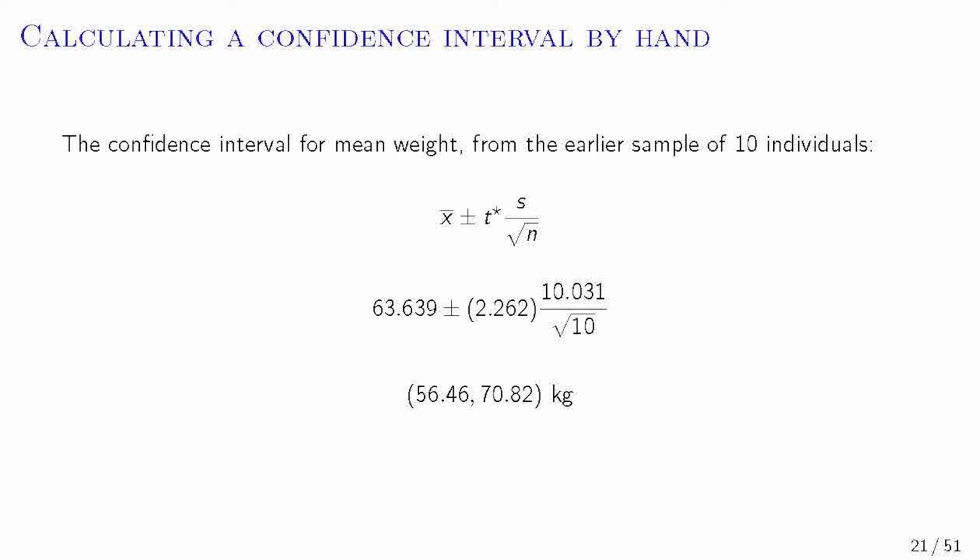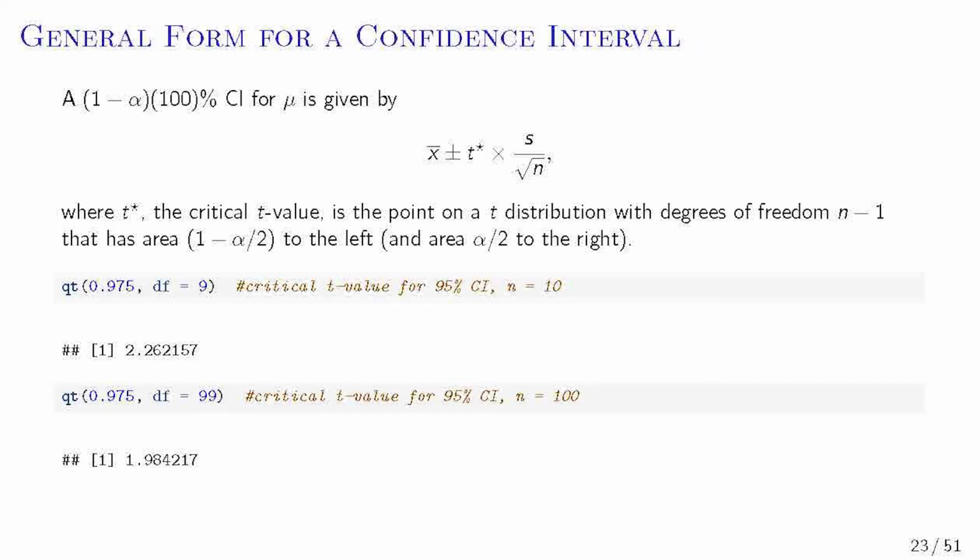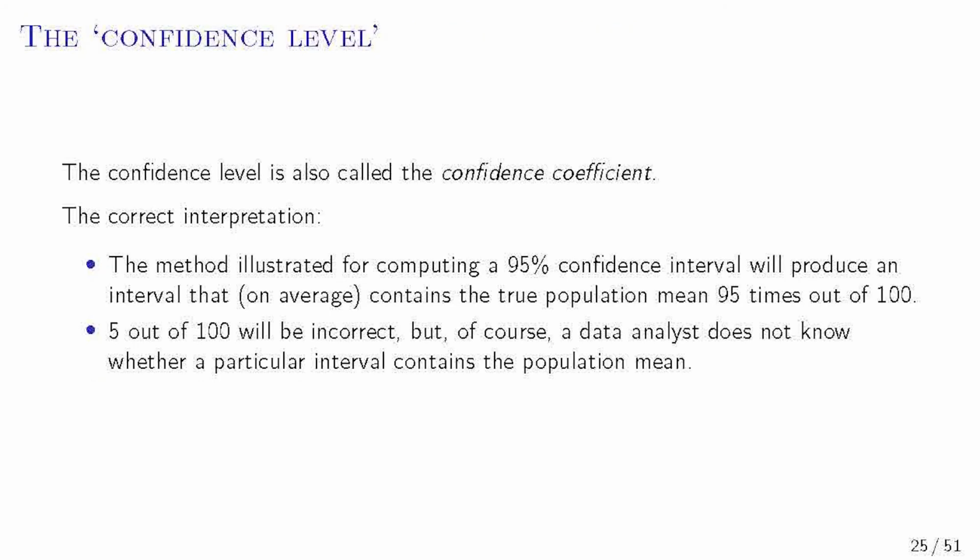So in this case, we have 63.639 plus or minus 2.26 times 10.031 divided by the square root of 10, which works out to 56.46 and 70.82. We could also find a, say, 99% confidence interval or a 90% confidence interval by simply changing which column we look at for the critical value in the table.